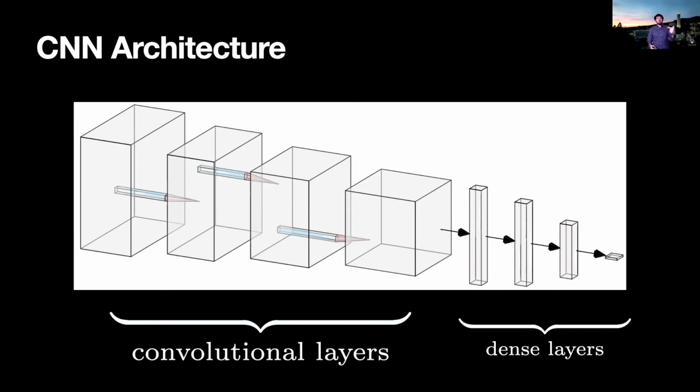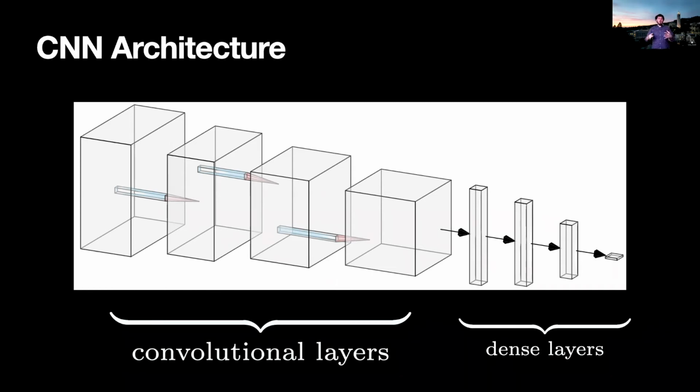Then I apply these convolution operations. That's what these long skinny rectangles are doing, to get progressively smaller intermediate layers. Eventually I transition to dense layers on the right. So this is an example of a convolutional architecture that still has dense layers in it. The very short rectangle at the end represents the two numbers that I get at the end.